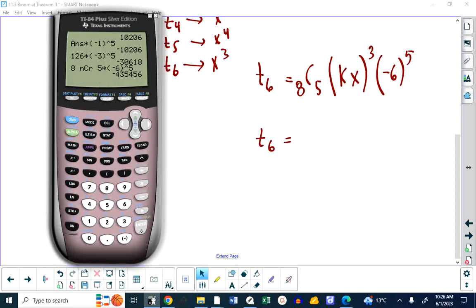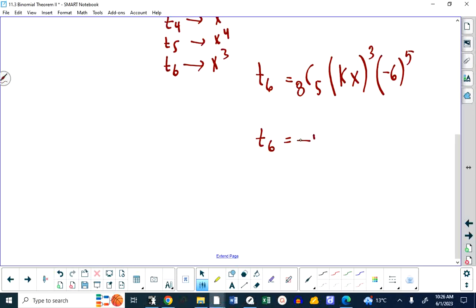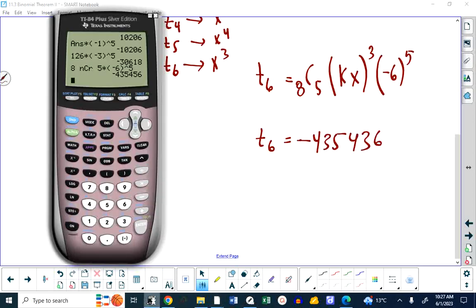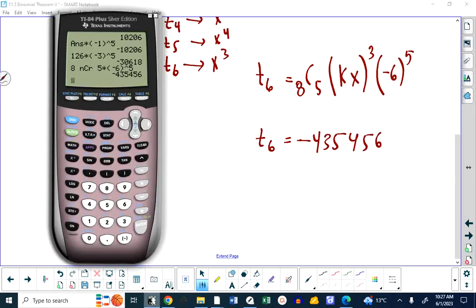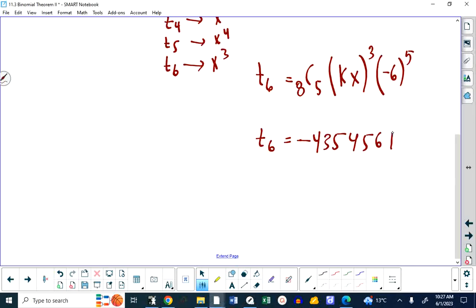I'm getting negative 435,456. I'm seeing a couple of nods. So the sixth term is negative 435,456. It will contain a k cubed, and it will contain an x cubed.